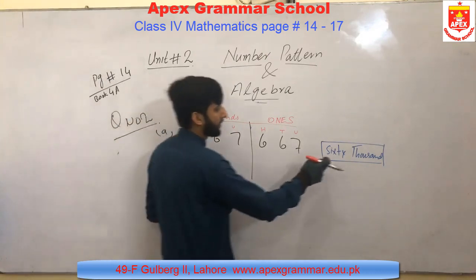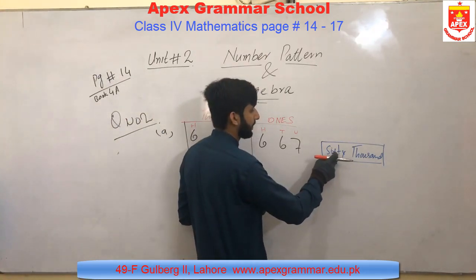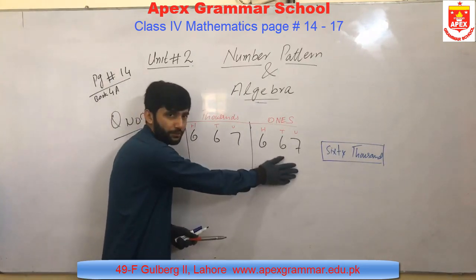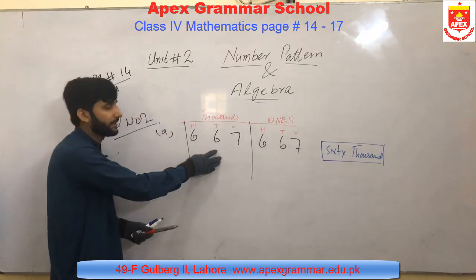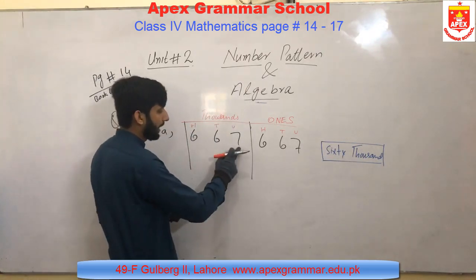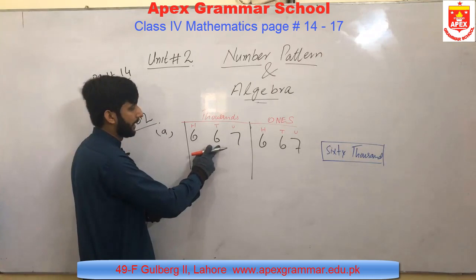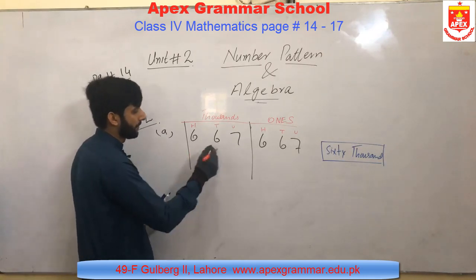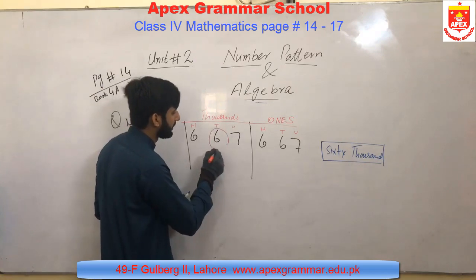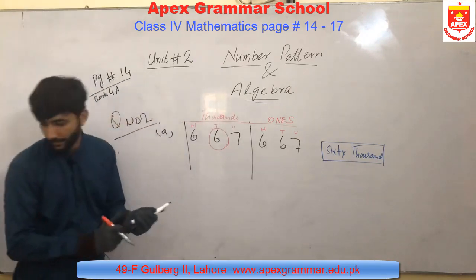I have to find out the position of the number which is at the place of 60,000. This means I have no concern at this ones portion. I have to find out my number in thousand side because this is 60,000. This is 7,000 and this is 60,000 because 60 plus 7 is 67. So the correct position of the given number is this.